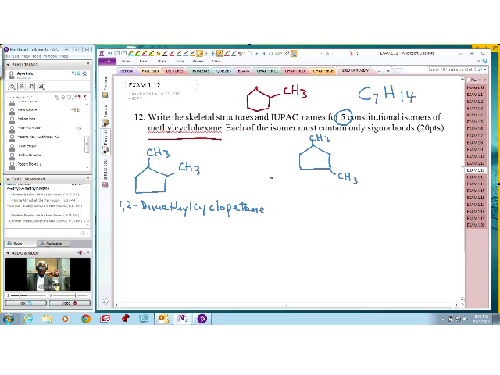The name would be dimethylcyclopentane. I will go ahead and do 4. I will leave the rest to you, but you could draw as many as possible here. Okay, I could also have this.